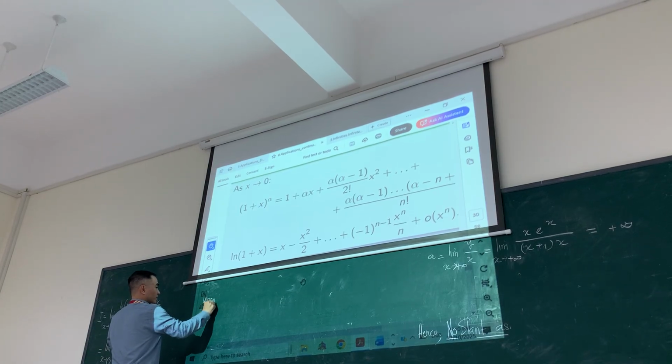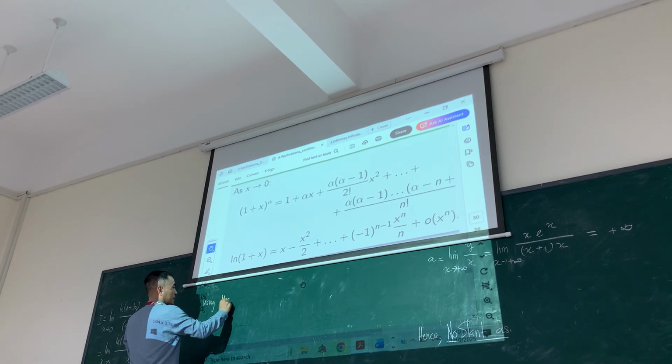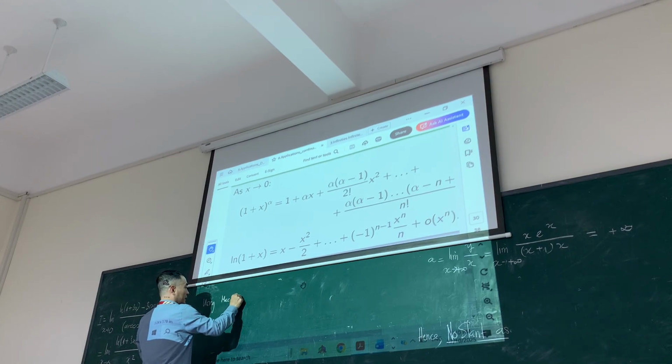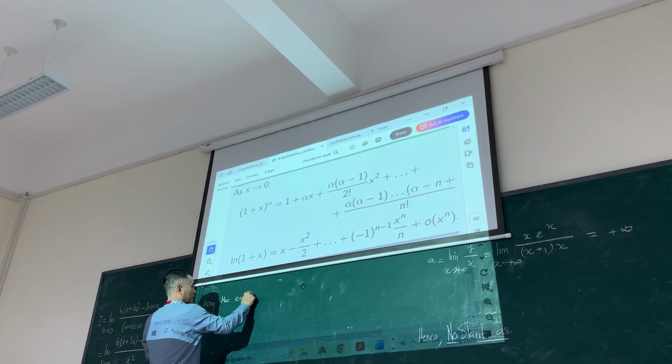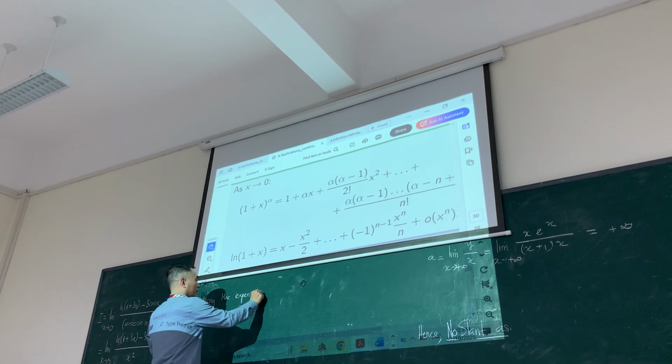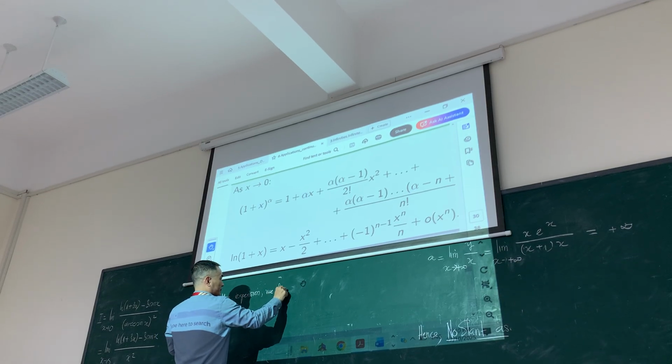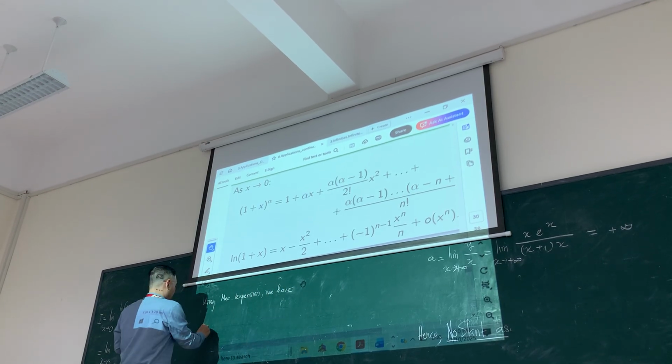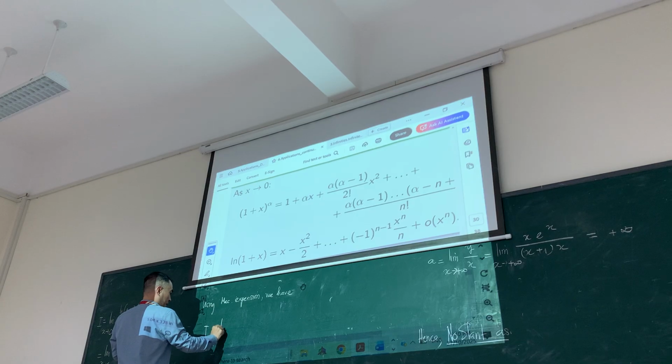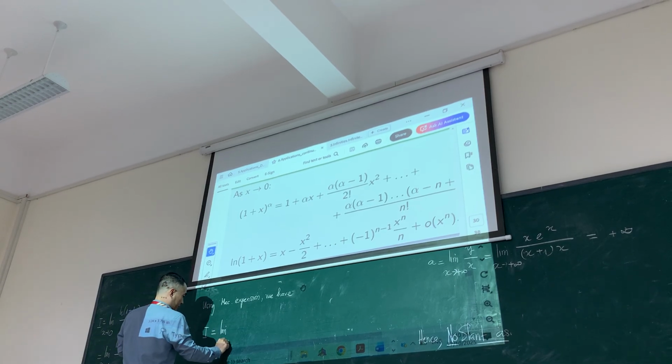Using the Maclaurin expansion, we have I is equal to the limit as x tends to 0.